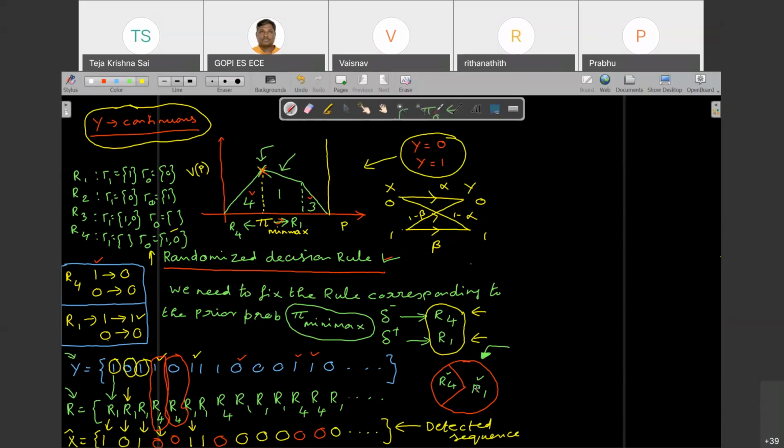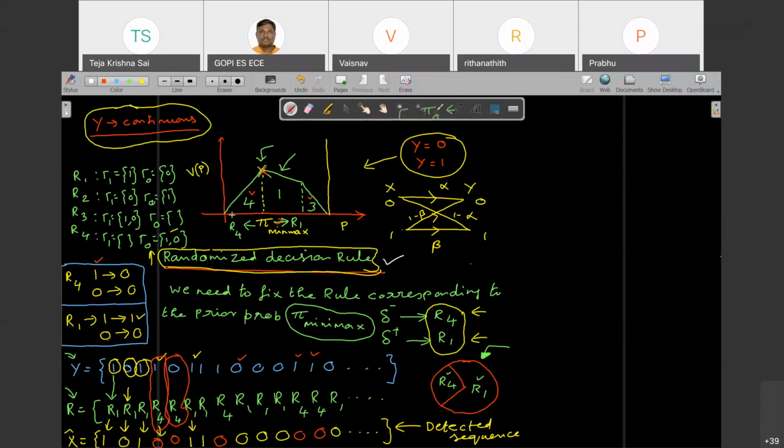When it is R1, you have to apply rule R1. When it is pointing to R4, you have to apply rule R4. This type of detection is what we call a randomized decision rule. We are not fixing one rule. We have more than one rule, but we have a probability associated with each individual rule. So this is called the randomized decision rule.